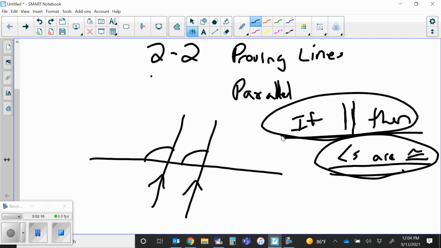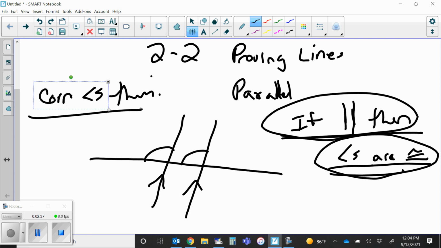So what do you think this theorem would be called? On Friday, I called it the corresponding angles theorem. So what do you think it's going to be called today? That's if the angles are congruent, then the lines are parallel. When I tell you the lines are parallel, you can tell me corresponding angles.